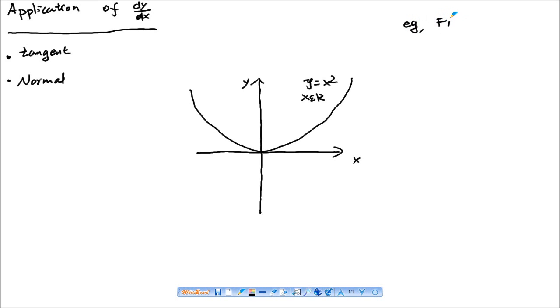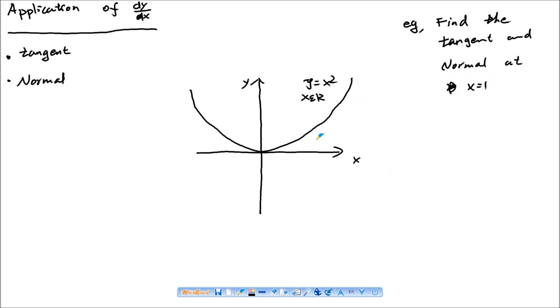Say someone asked me to find the tangent and the normal at the point at x equals 1 on this graph.